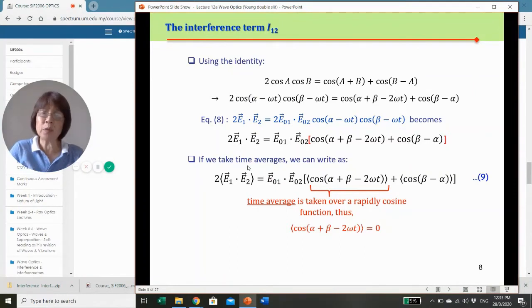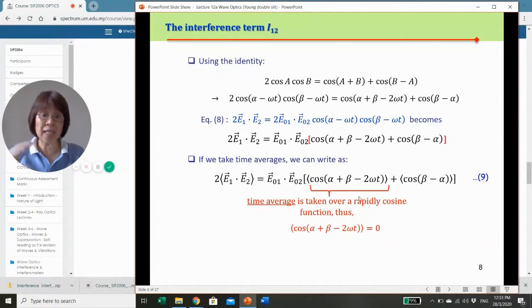So now we are supposed to take the time average of this dot product. Taking the time average does not change the amplitude, but we put the bracket here: the time average of this cosine function and also the time average of this cosine function. But note here, this time average has the frequency term and it is oscillating.